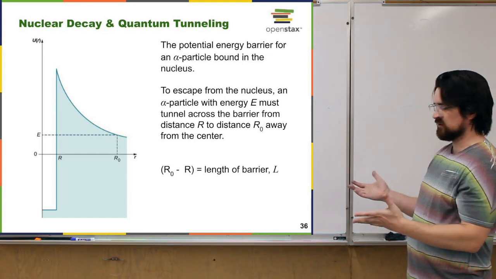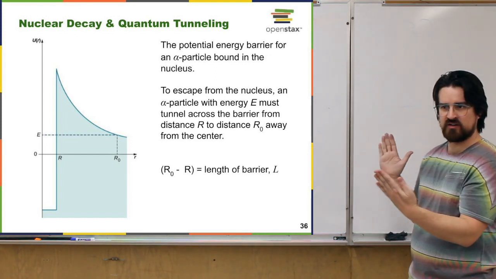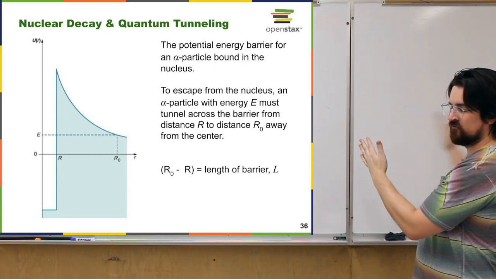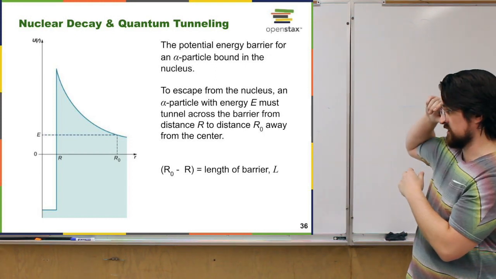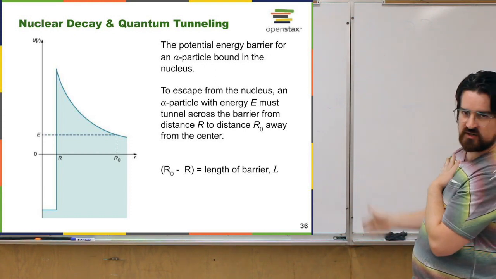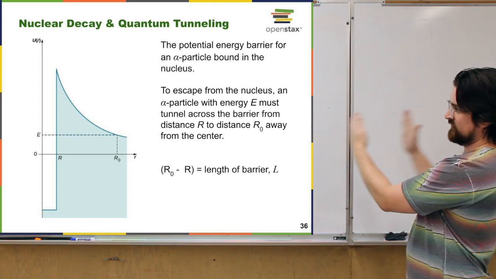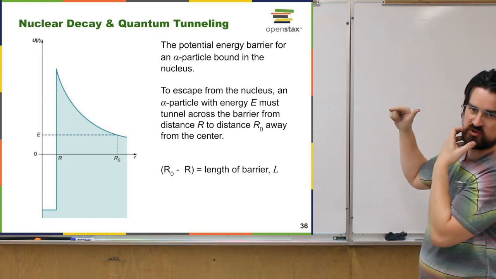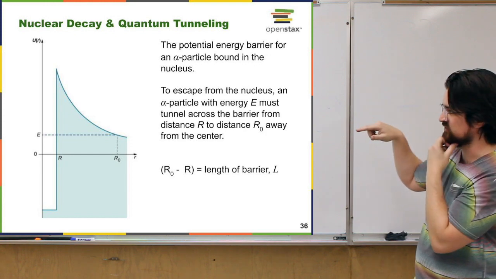So remember, the length of the barrier made a big difference in how likely quantum tunneling would happen, how likely you would find that particle on the other side of the barrier. In this case, since the other side of the barrier is not a straight up and down line, it's this curve, the length of the barrier actually depends on the energy state of the alpha particle, or the particle that's trying to get out of the nucleus.